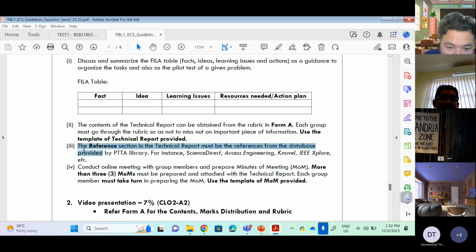Dan references dalam kamu punya report perlulah diambil daripada digital reference dalam kita punya library database, yang mana you boleh klik, you boleh download juga. You boleh lihat dalam Science Direct, you can access engineering novel, IEEE Xplore dan sebagainya di library.